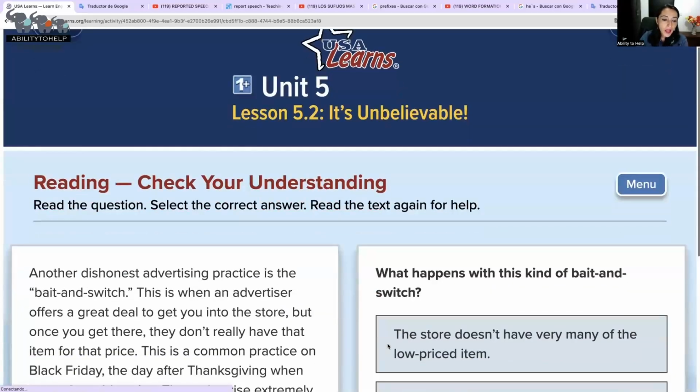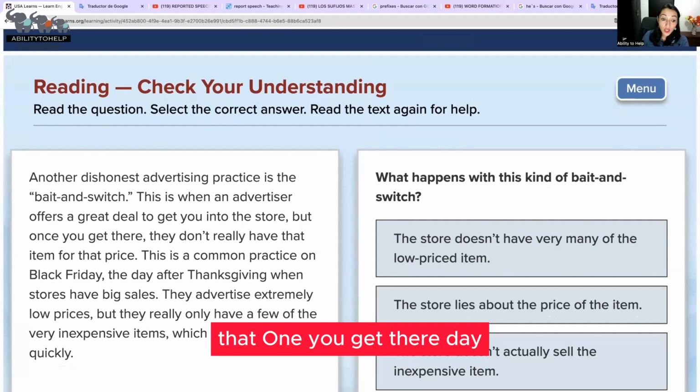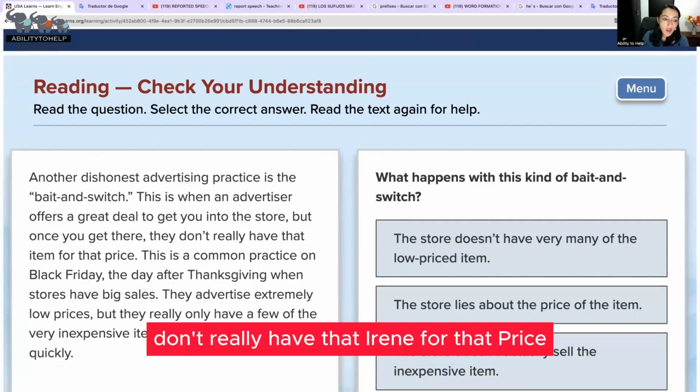Let's see. Another dishonest advertising practice is the bait and switch. This is when advertisers offer a great deal to get you into the store, but once you get there, they don't really have that item for that price.